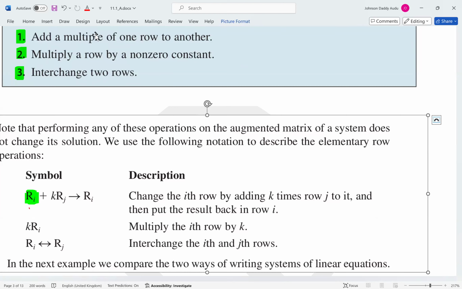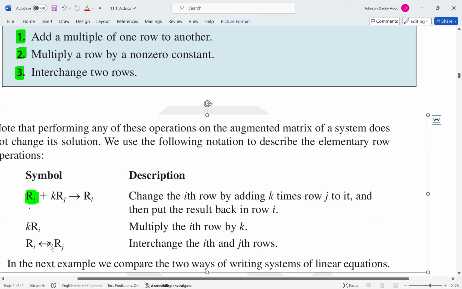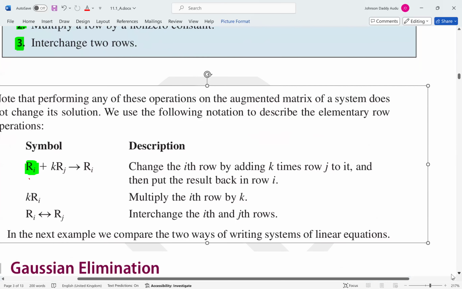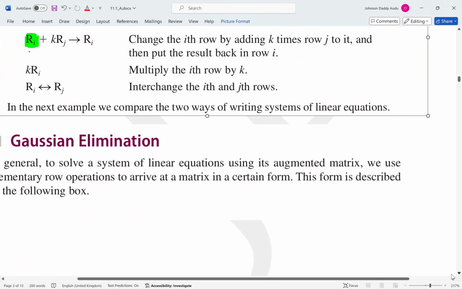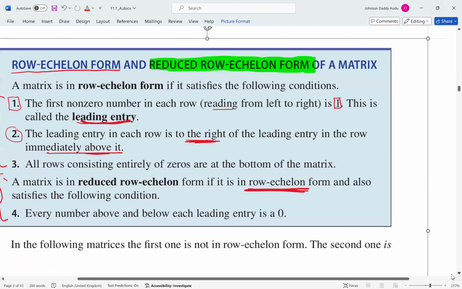And then you can multiply a particular row by a constant, and you can interchange rows. What we mean by interchange is that Ri can become Rj. So let's take a particular example and see how we apply these elementary row operations.